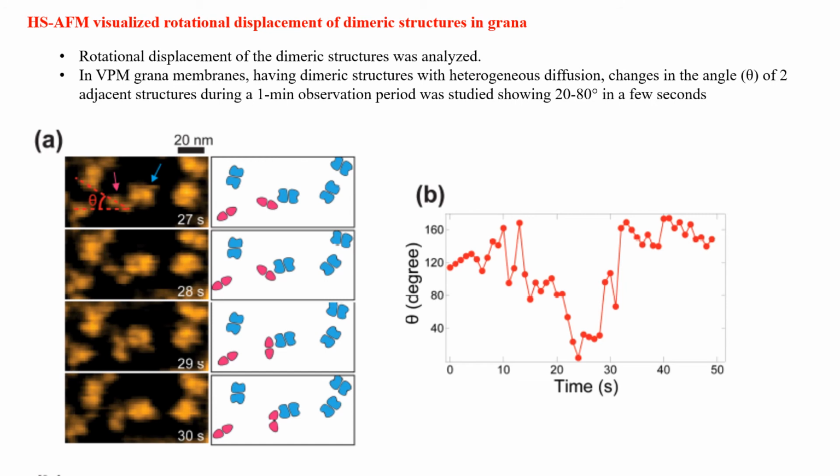In the VPM grana membranes used for this experiment, the angle between two adjacent particles, seen within a 1 minute observation period, showed an angle deviation of approximately 20 to 80 degrees.